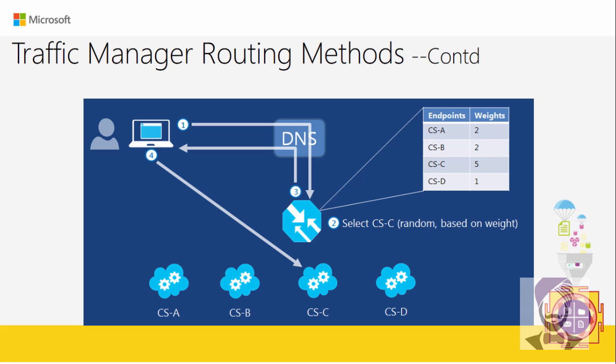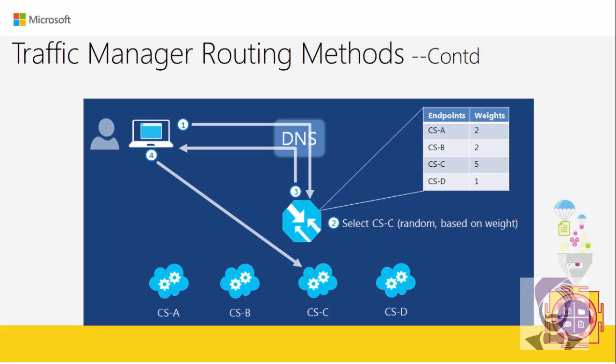Using this round robin fashion, you can also set up weights, and you can define the percentage of traffic to be routed to your particular endpoint. As you can see in this slide, different endpoints have different weights. Cloud Service A has 2 weights, B has again 2 weights, C has 5 weights, and D has 1 weight.